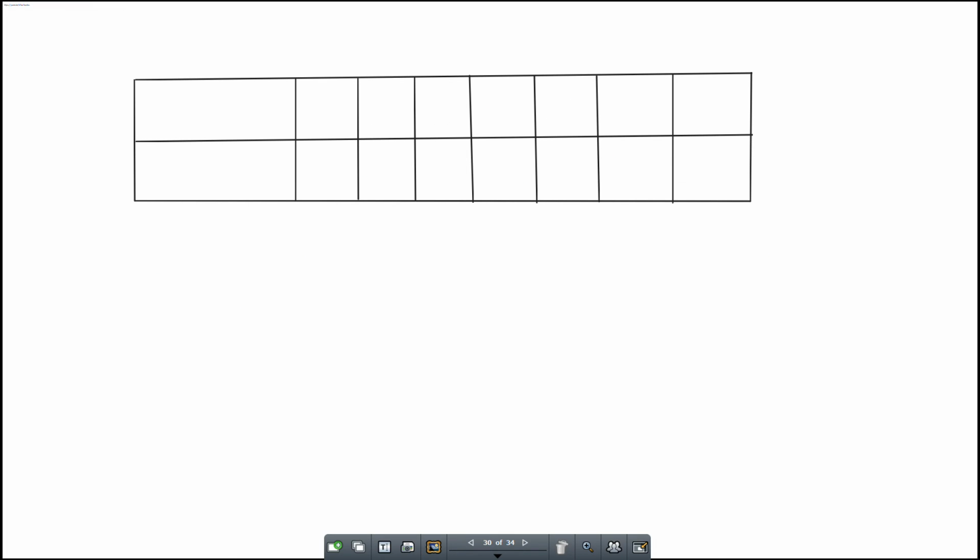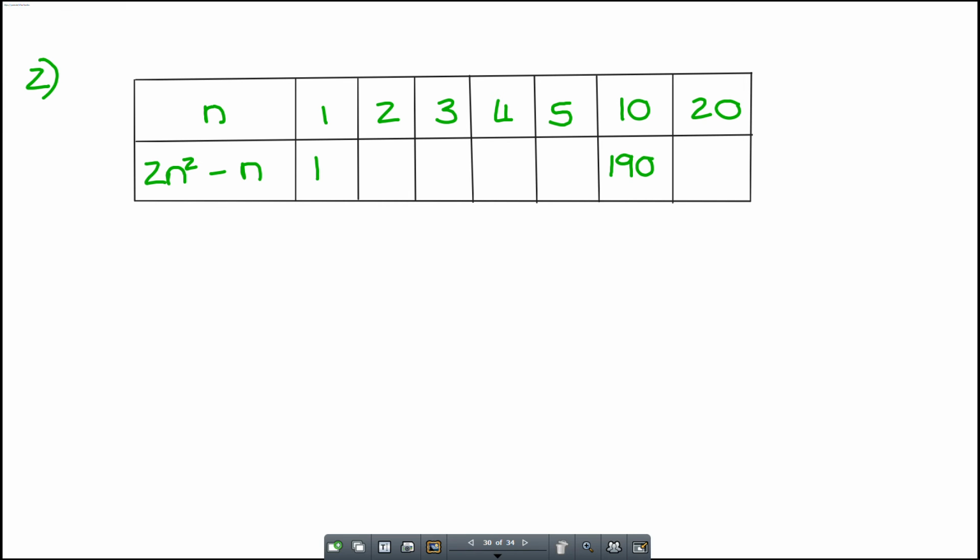Okay, the next one, number 2, I had n, and then the formula was given as 2n squared minus n. Okay, so you could have counted the dots.